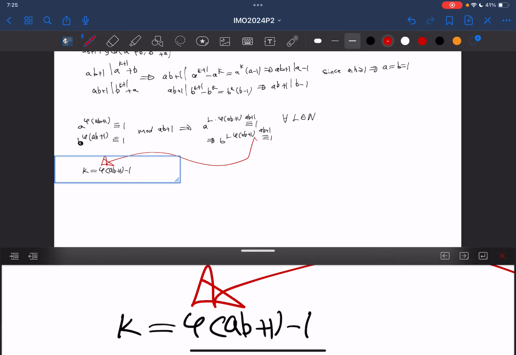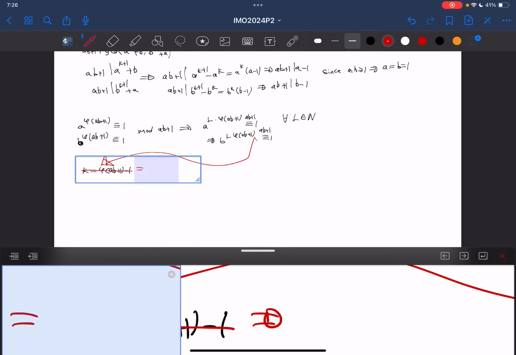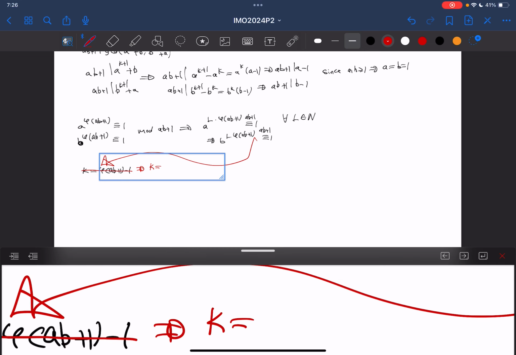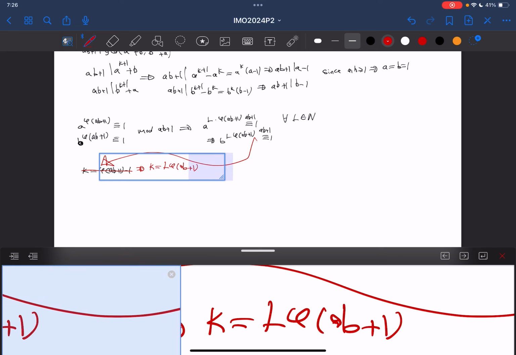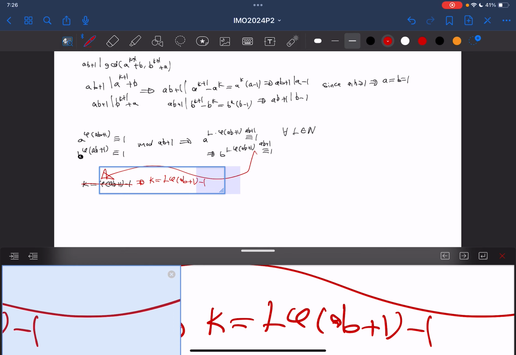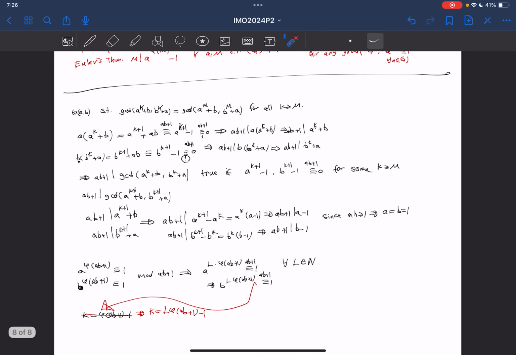Instead of letting k be phi of ab plus 1 minus 1, let's pick k to be L times phi of ab plus 1 minus 1. Then this k satisfies this property for some large enough L, because this does go off to infinity if L is large enough.